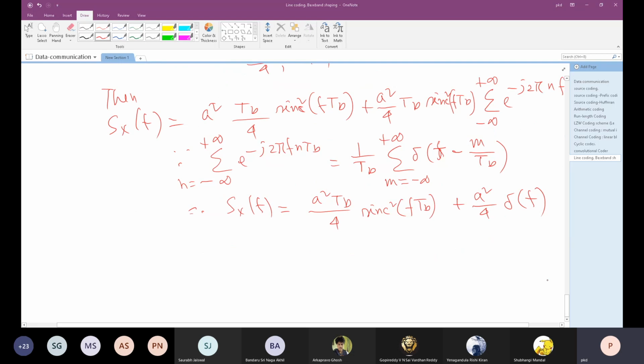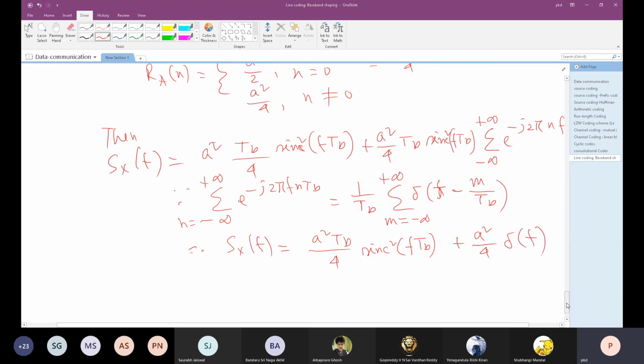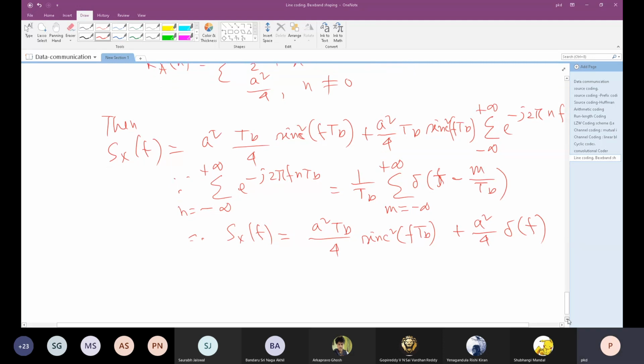So there is one component coming due to this R_A(n), and another component coming due to the spectrum of the pulse shape. Together we have this S_X(f). The pulse shape in this case we have assumed to be rectangular in nature.